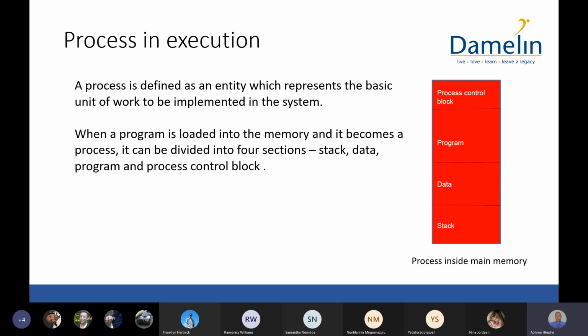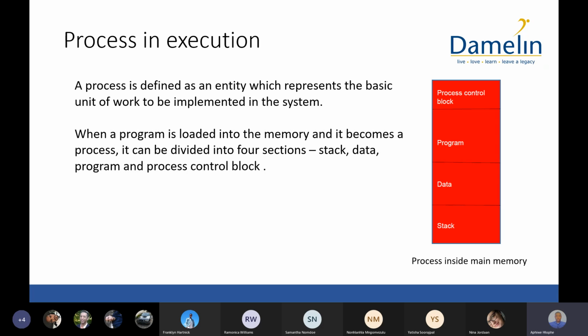So we have the stack, and the stack contains information about the parameters, the code, functions, methods, all of the code in that particular software. And then the data component contains information about what kind of variables were defined.